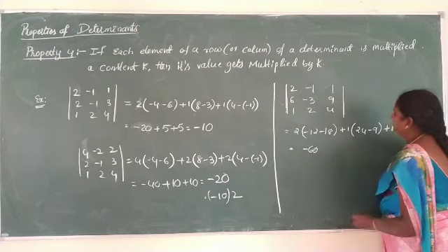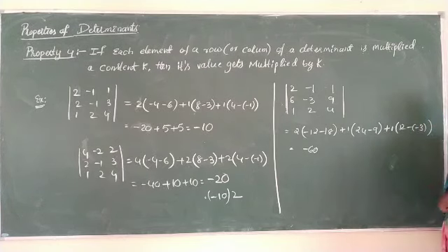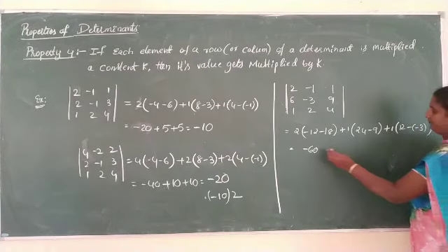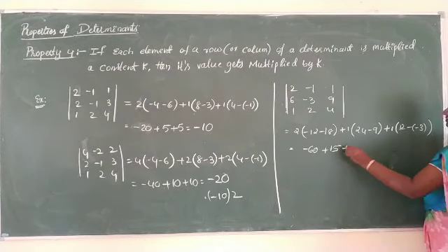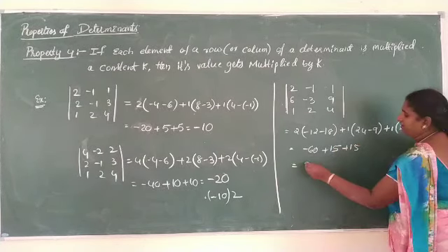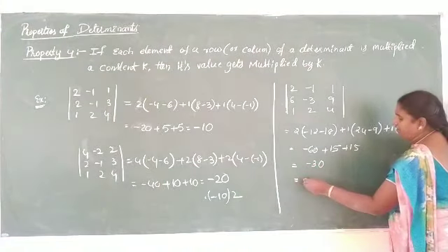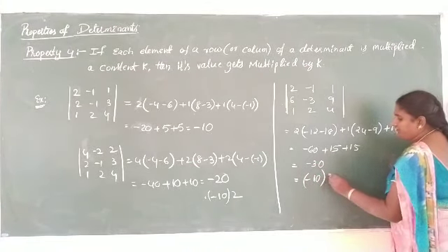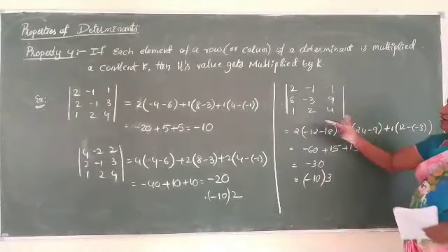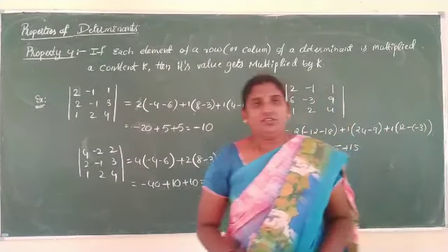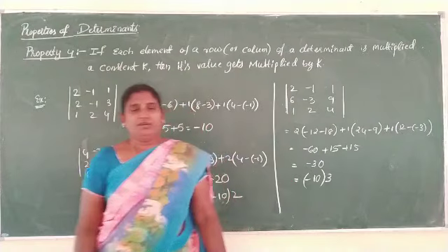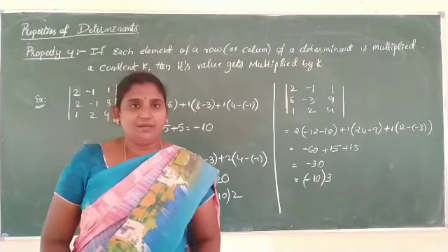Minus 60, 24 minus 9 is 15, and it is 15. So how much did you get now? Minus 30. So that means we can write minus 10 into 3. Here what I did: the second row I multiplied by the number 3, so the result is also multiplied by the number 3. This is by an example.